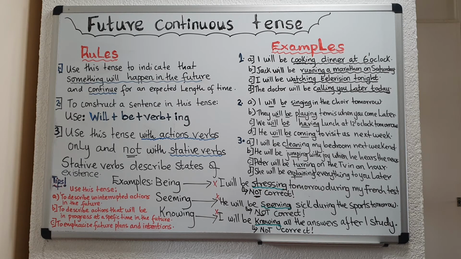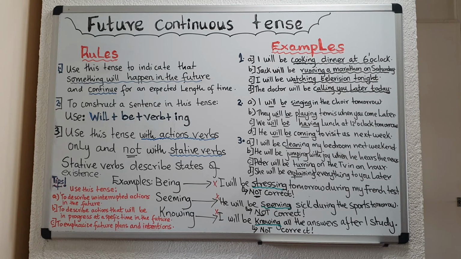Now, some examples of stative verbs in sentences are, now, look at the first example on the right, below 3D. I will be stressing tomorrow during my French test. That sentence is not correct.